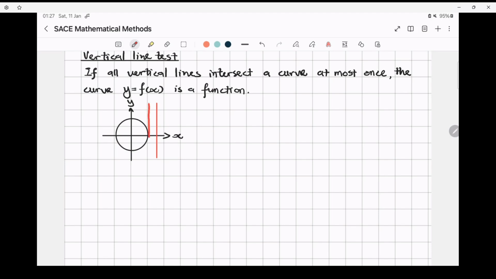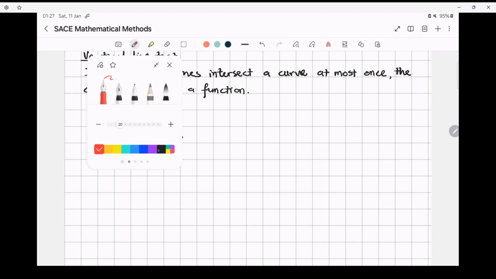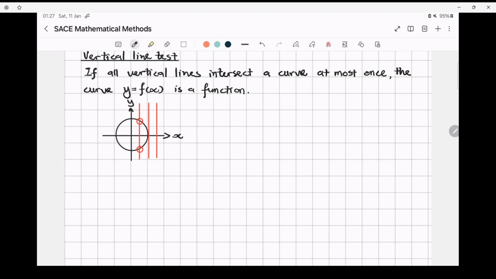As you move closer to the circle, at this particular point, the second line only intersects at one point. But at some vertical lines, you will intercept this at 2 points. So this means that a circle actually fails your vertical line test. So a circle is not a function.